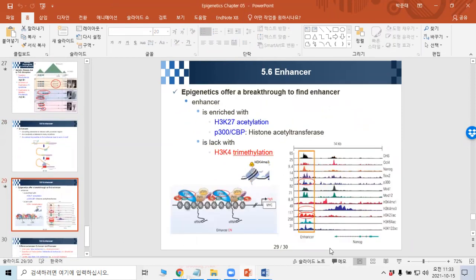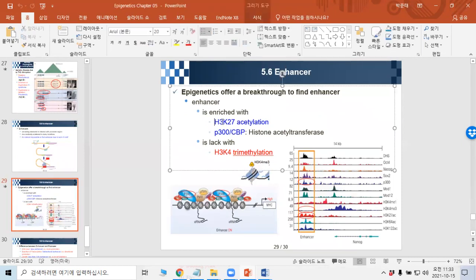However, there are some features. For example, enhancer regions are enriched with H3K27 acetylation. This region looks like an enhancer because it has P300, which is also a histone acetyltransferase. So we can find that this region is highly enriched with P300.